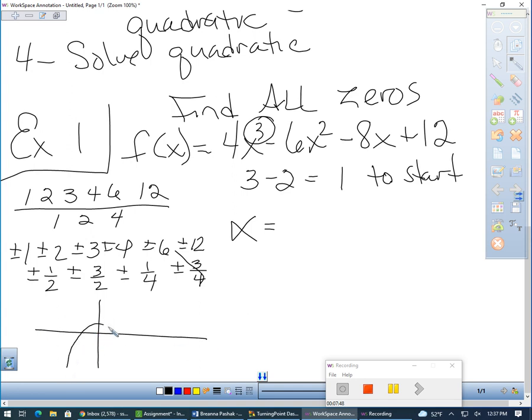It comes up, it comes down. It looks like it crosses and comes back up.